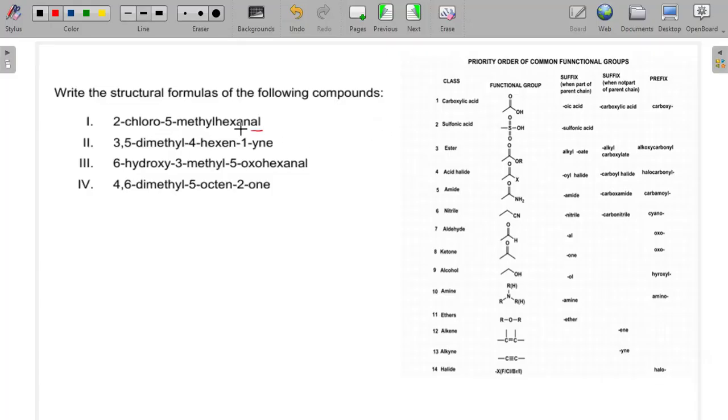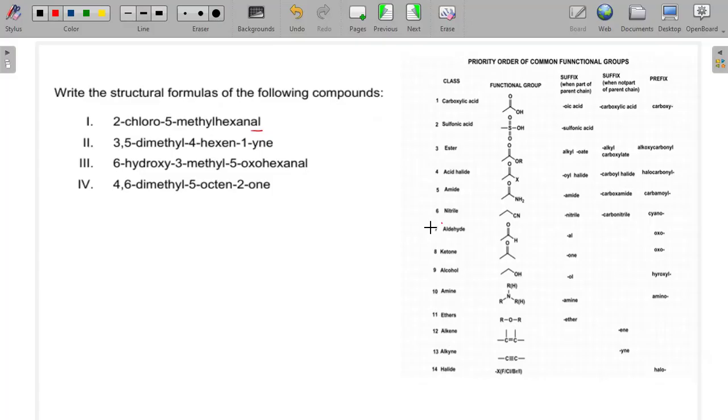In this case, you notice that the parent name is ending with -al. If you check the functional group that has -al as a suffix ending when it's a parent name, it's actually an aldehyde.